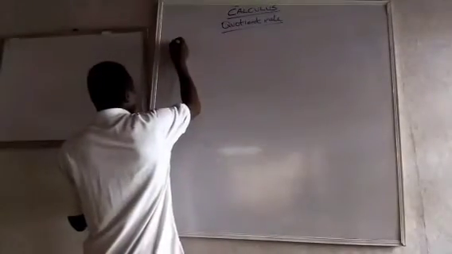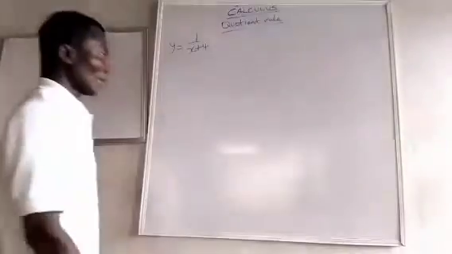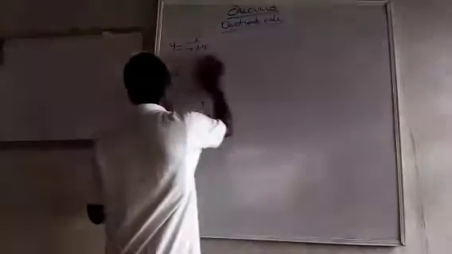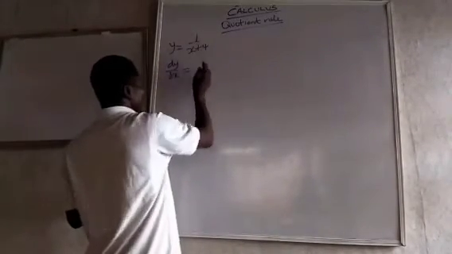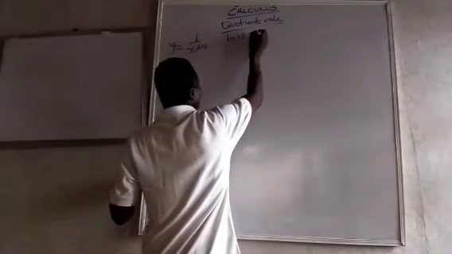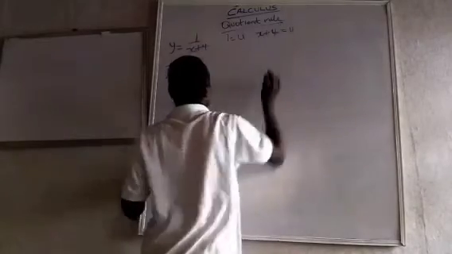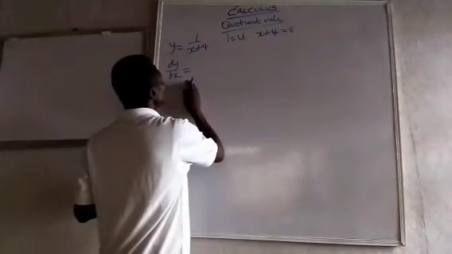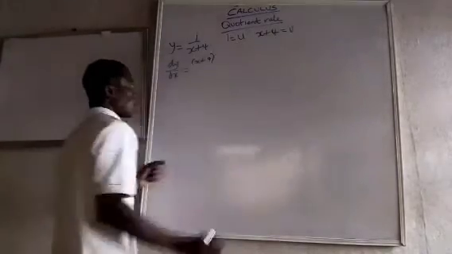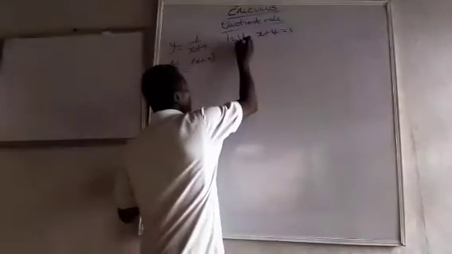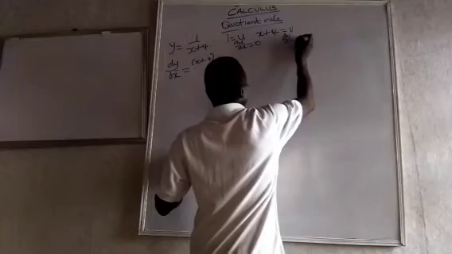Okay, let's do something like this. Y equals 1 over x plus 4. Let's find dy dx of this. So we are going to have 1 equals U, x plus 4 equals V. So we are going to have V du, what is du? du dx is equal to 0. dv dx is equal to 1.